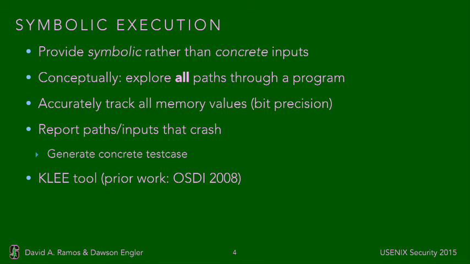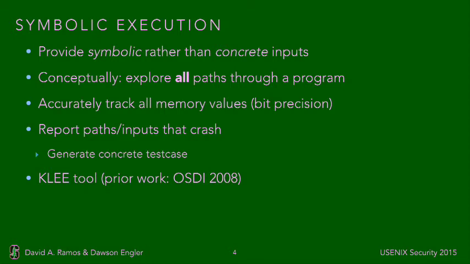So one technique that has shown some promise in finding the types of bugs that are missed by those other techniques is symbolic execution. With symbolic execution, the idea is that we provide symbolic rather than a single set of concrete inputs. Using these inputs, a symbolic execution tool will conceptually explore all possible execution paths through a program and consider all possible inputs.